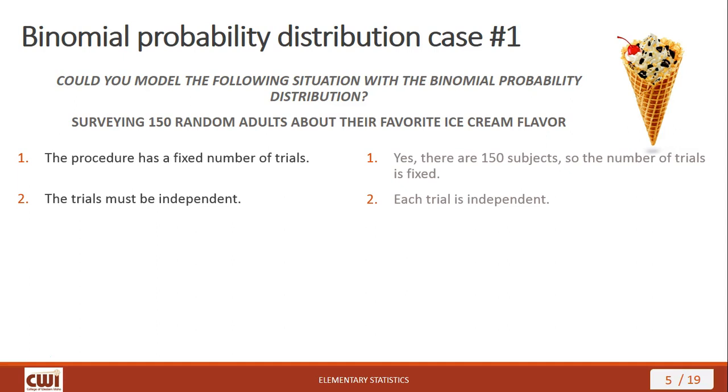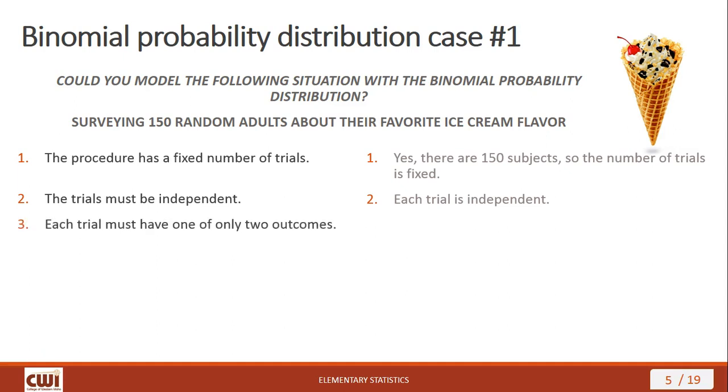Hopefully, we're not asking people while they're in groups, because that would potentially bias our data set. Because you might have some people who say, yeah, well, my flavor is really vanilla, but because I don't want to look like a square, I'm going to say chocolate like everybody else. But generally speaking, yeah, the trials are going to be independent, so we'll say we have that requirement met.